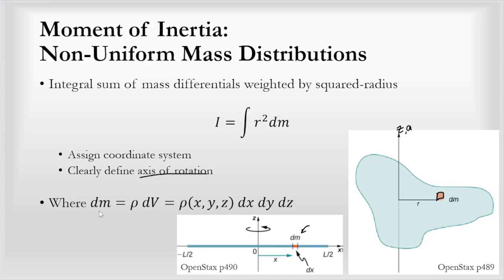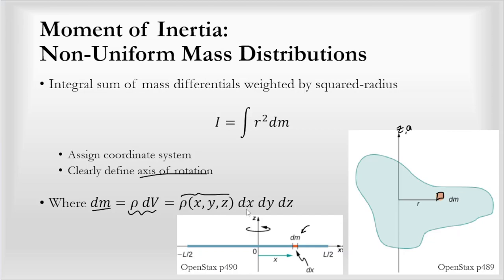So we need to define dm. Typically, we know mass is density times volume, and density would be some function dependent upon location x, y, and z. This could be in r, theta, and then you'd want to do volume in terms of r, theta, so an r dr d-theta.